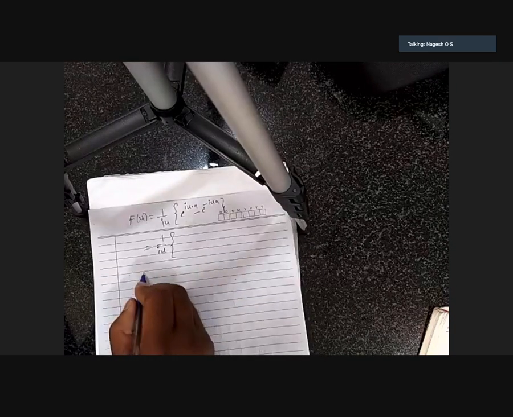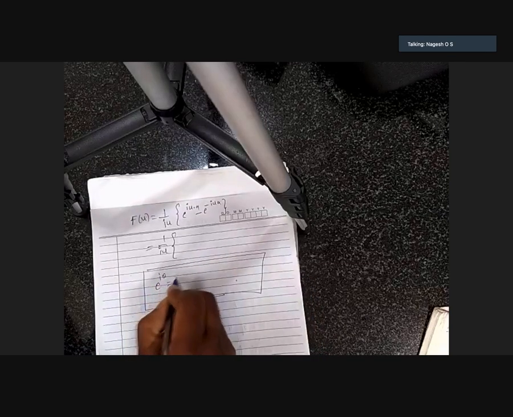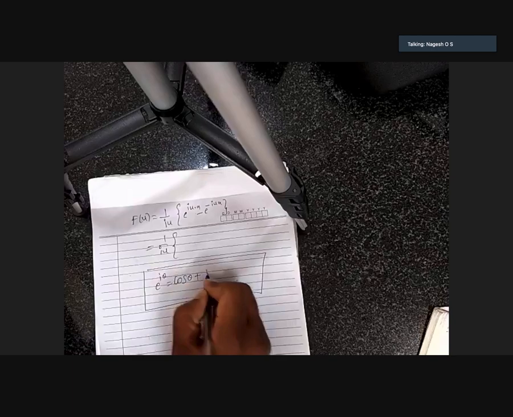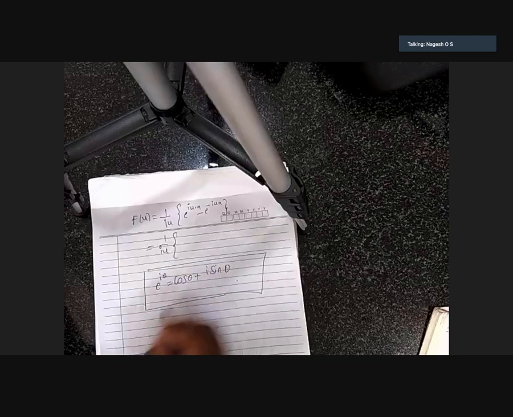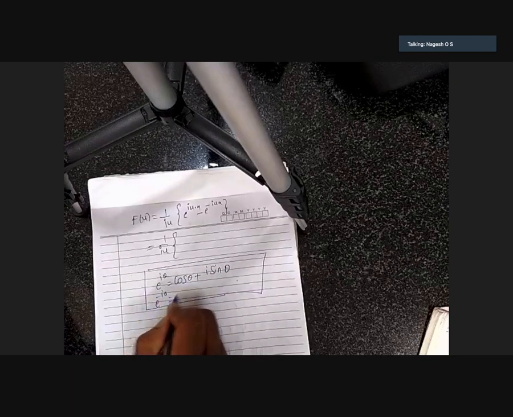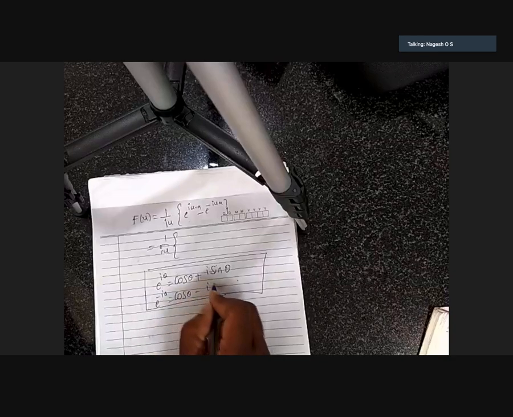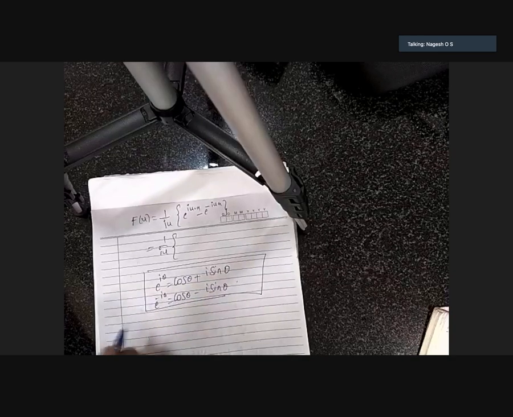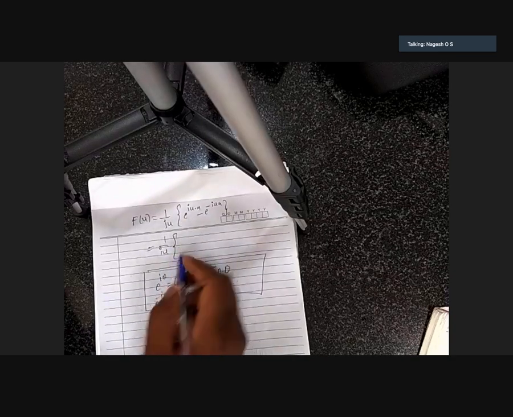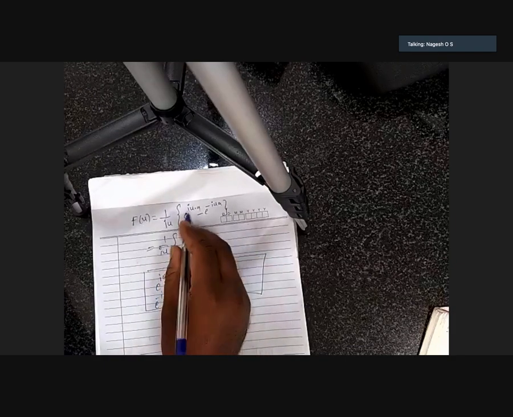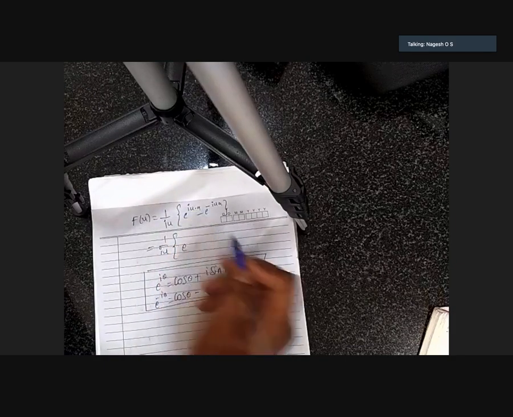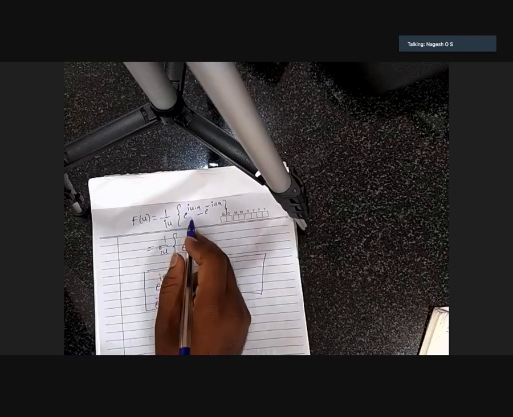What is e power i theta? cos theta plus i sin theta. What is e power minus i theta? cos theta minus i sin theta. I will use that here. In place of theta, au is there.